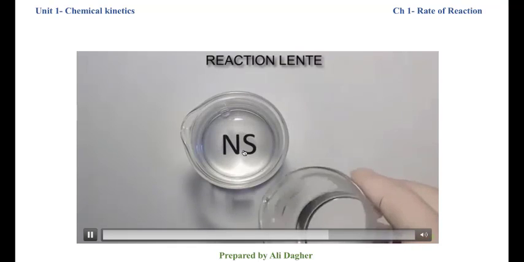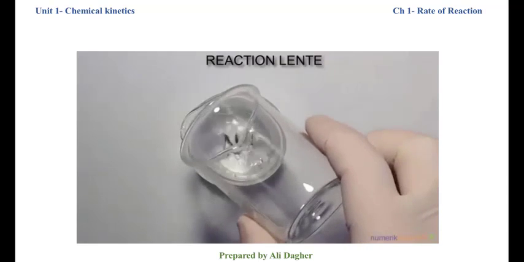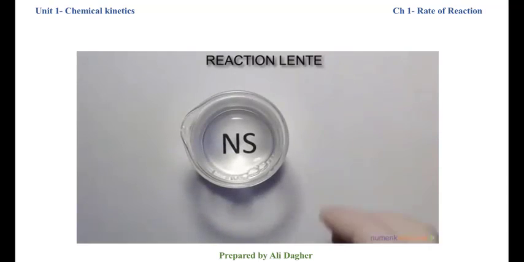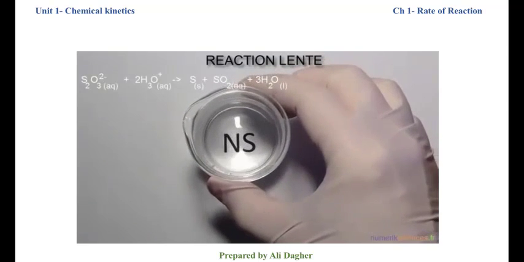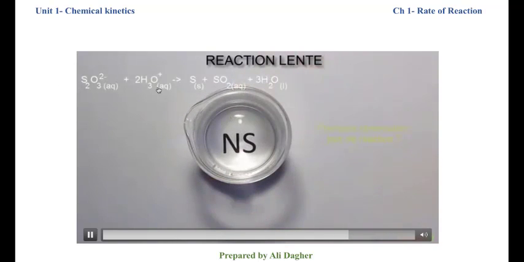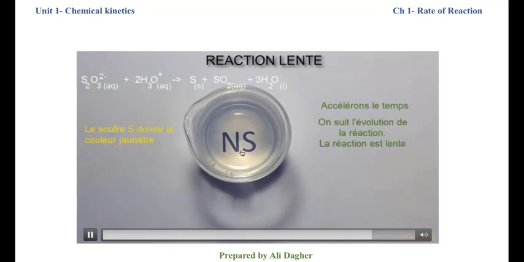Then we add the hydrochloric acid solution. We have a reaction between S2O3 2- and H3O+ that gives solid sulfur of pale yellow color. After a few seconds, we observe nothing.